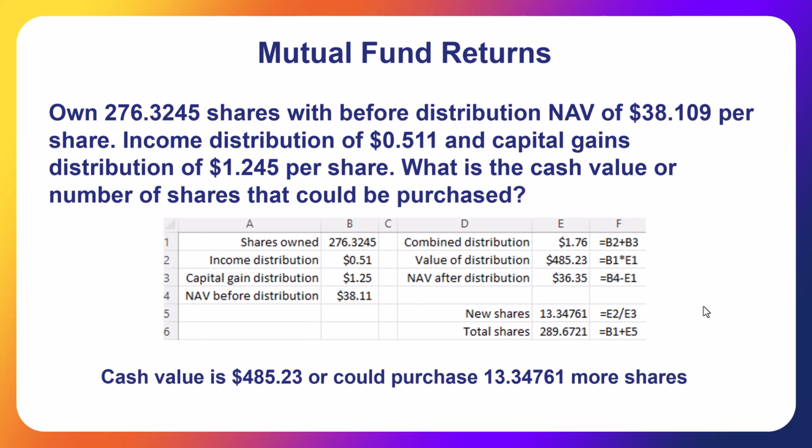When a company pays you dividends, they send you a check. You then have to take that check and reinvest it yourself. The mutual fund company does this for us automatically without charging us a commission or a load to reinvest those shares.